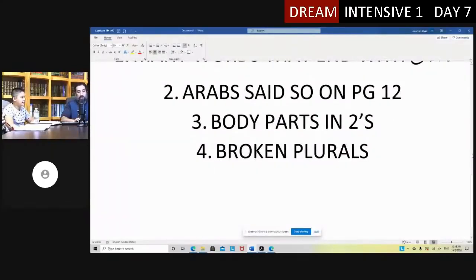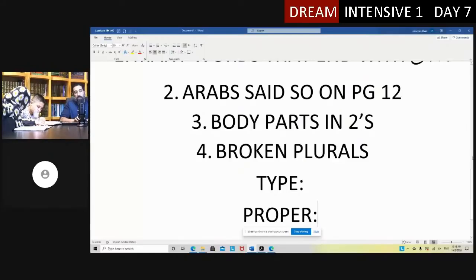And then there is type. For type, we only study proper, and whatever isn't proper is common. There were 7 items here.